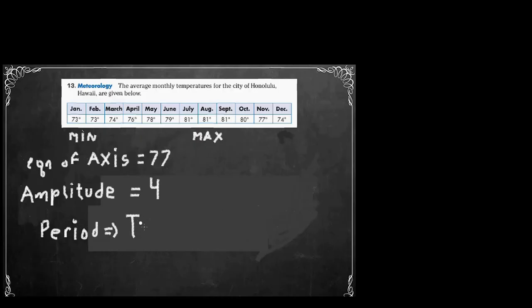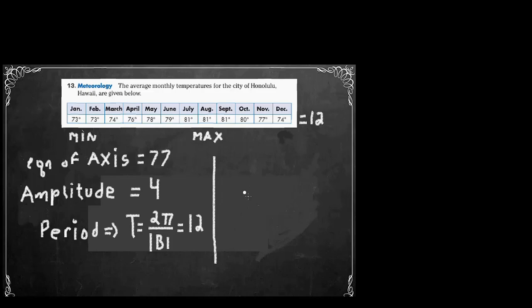The next characteristic is period. We use the following formula, which will make more sense coming up shortly: T equals 2 pi over the absolute value of b, because the period always equals positive. Since our period is 12, we just have to solve for b.